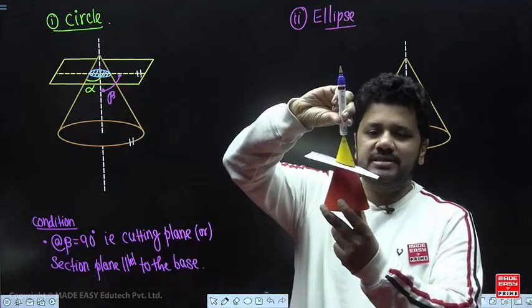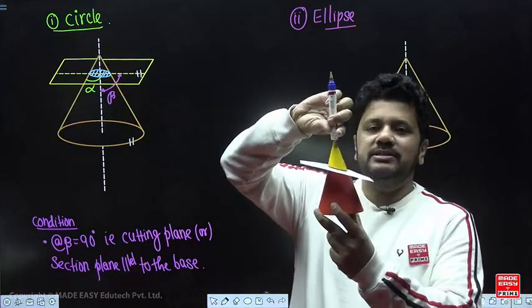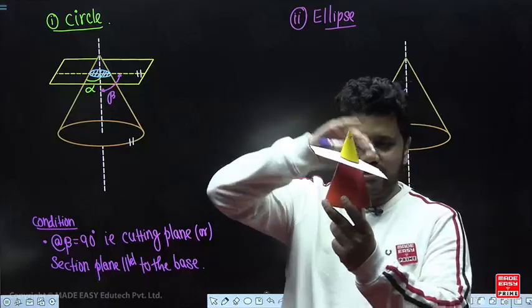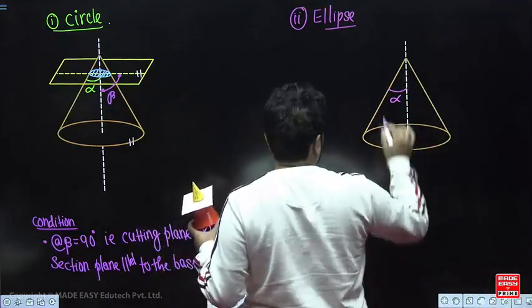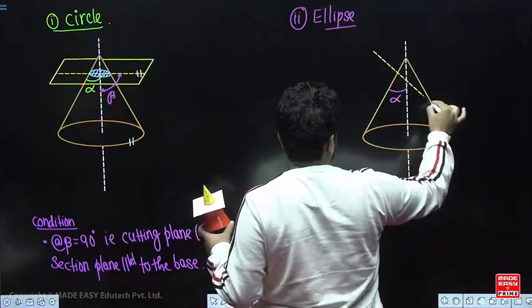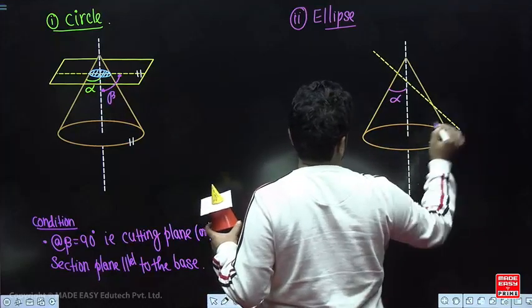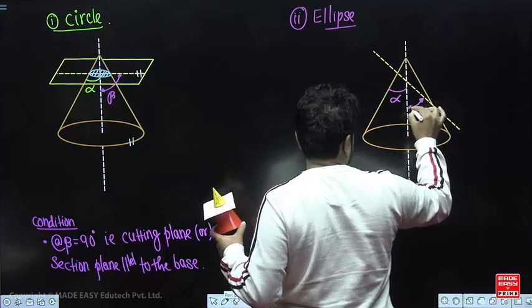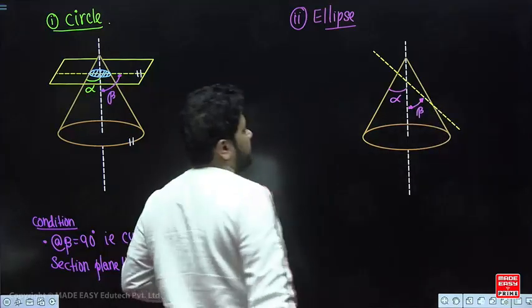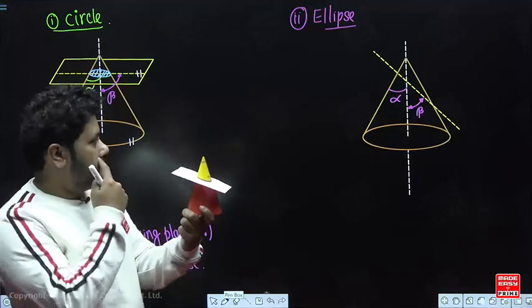If this is the axis, this section plane is making a certain angle with this axis, isn't it? So it is inclined somewhat. So let us incline it like this, correct? You can see that this angle is now beta, right? This angle is your beta.